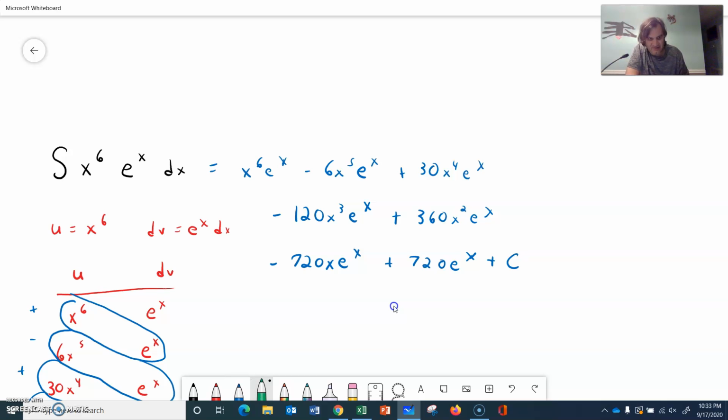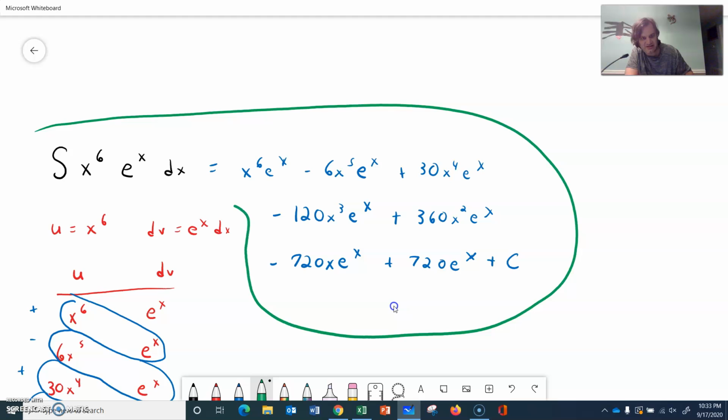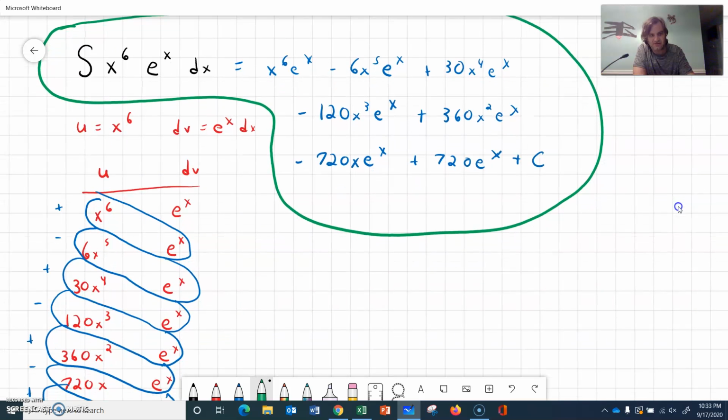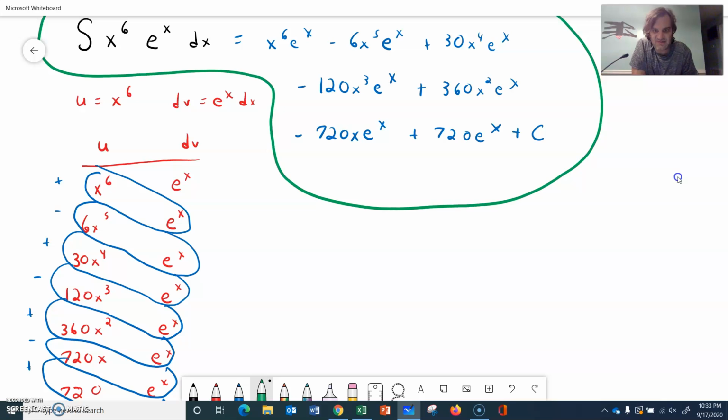But here we have the complete statement. The integration of x to the 6th e to the x is 1, 2, 3, 4, 5, 6, 7 terms and a constant. And that would be a lot of work using the formal definition of integration by parts.